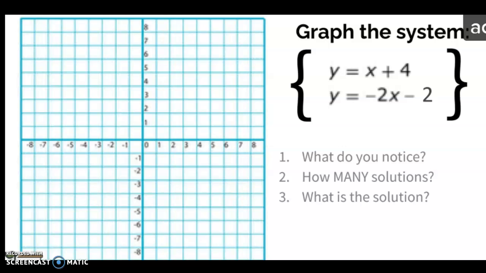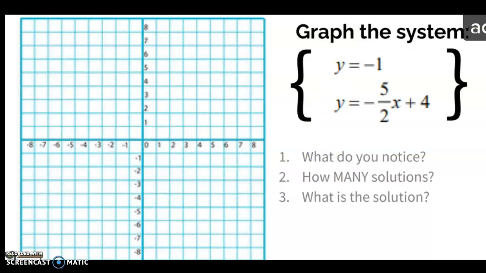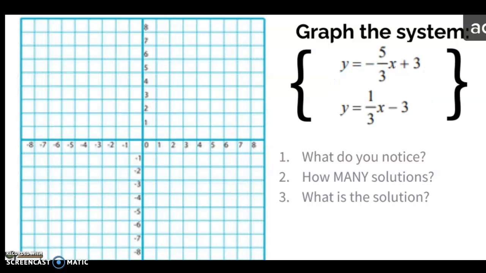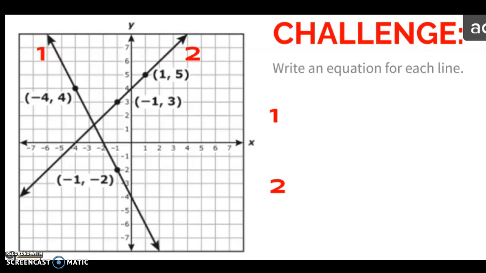So starting back at slide 7, you are graphing the system, and you are answering the 3 questions. Slide 8 is the same. Graph the 2 lines, graph your system, answer the 3 questions. Slide 9, graph your 2 lines, answer the 3 questions. Slide 10, you're doing the same.